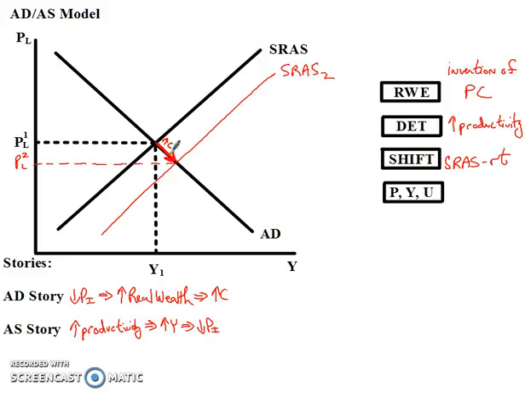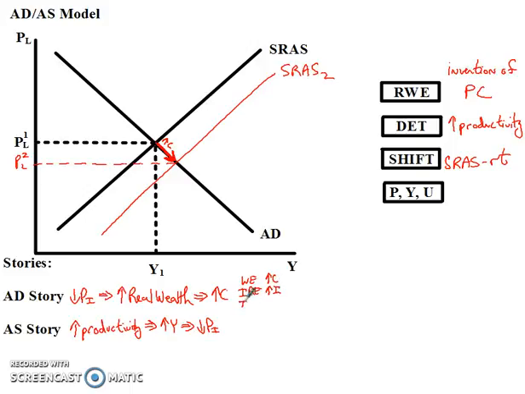This is just the wealth effect. There were three of these. There was the wealth effect, and there was the interest rate effect that we talked about. As prices go down, people don't need as much money to buy their normal goods and services, so they can save more, and that causes interest rates to go down and investment to go up. So the wealth effect causes an increase in consumption, and the interest rate effect causes an increase in investment.